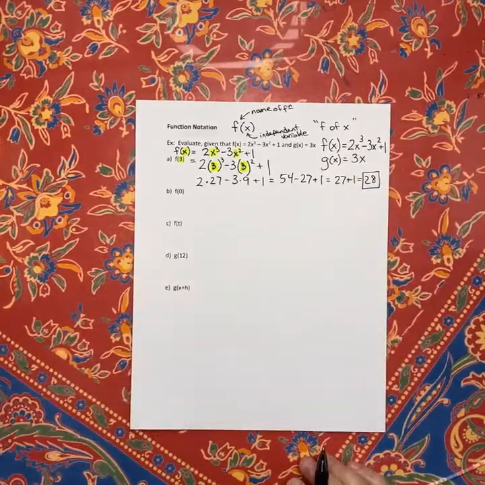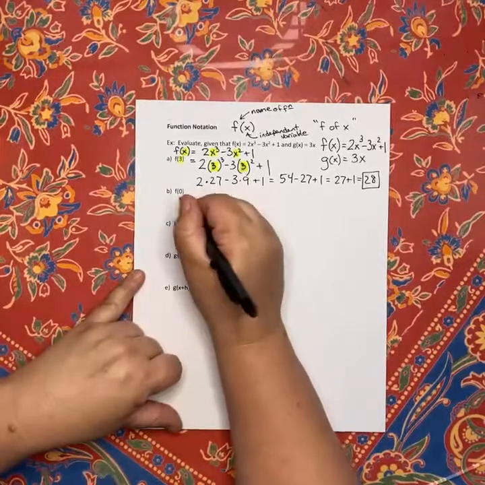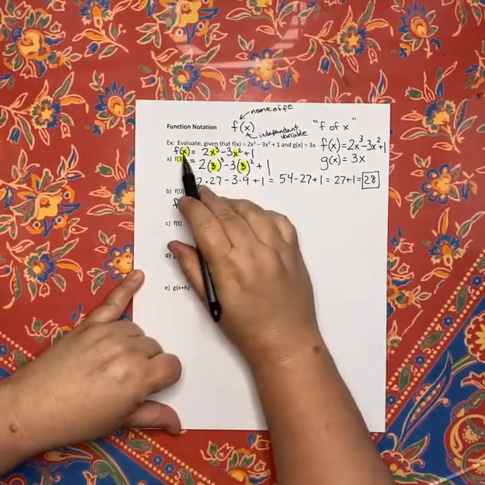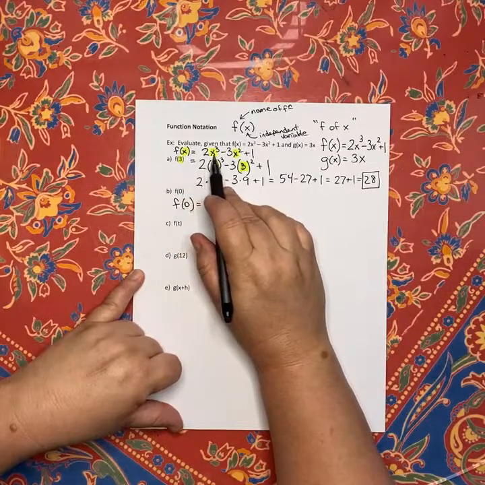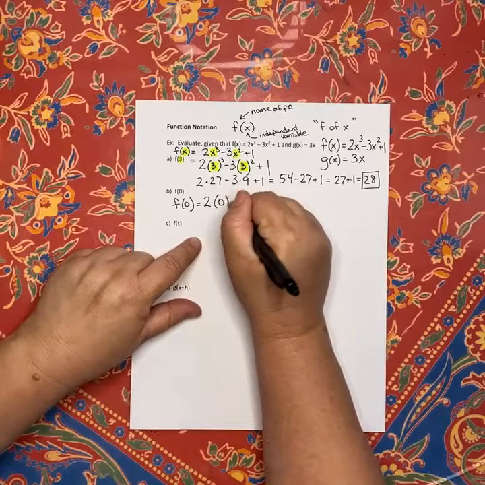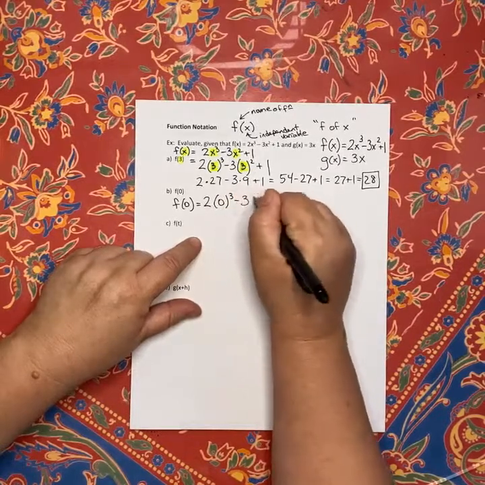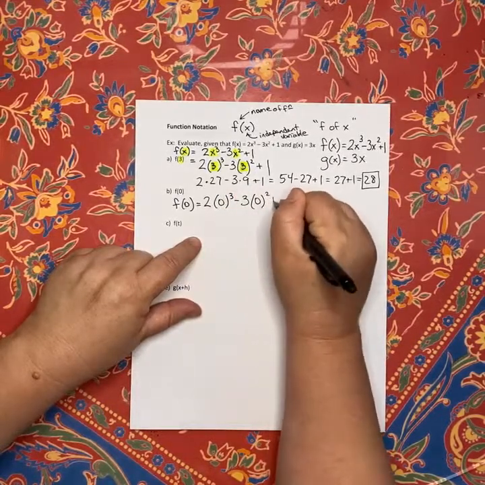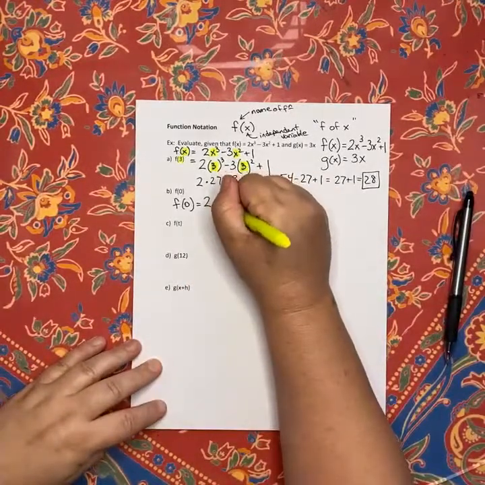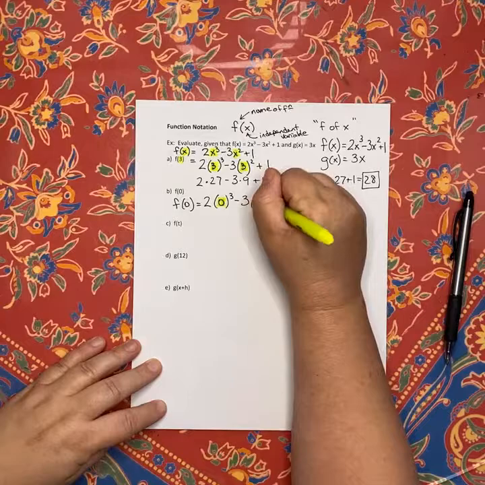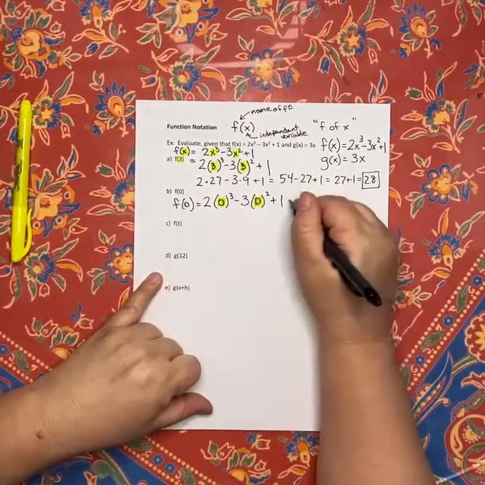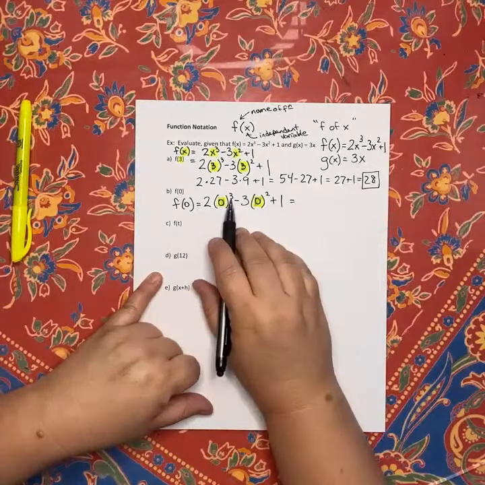Okay. So then let's try f of 0. F of 0 means wherever I see the x, I'm going to put in a 0 now. So this will be 2 times 0 cubed minus 3 times 0 squared plus 1. And again, hopefully I will not take us too badly to Smeary Town. There we go. And this one's a lot easier because 0 cubed is 0.